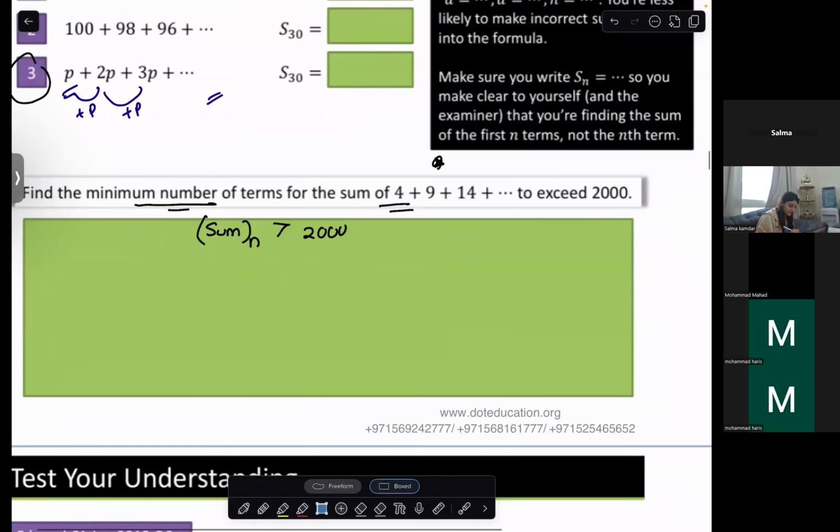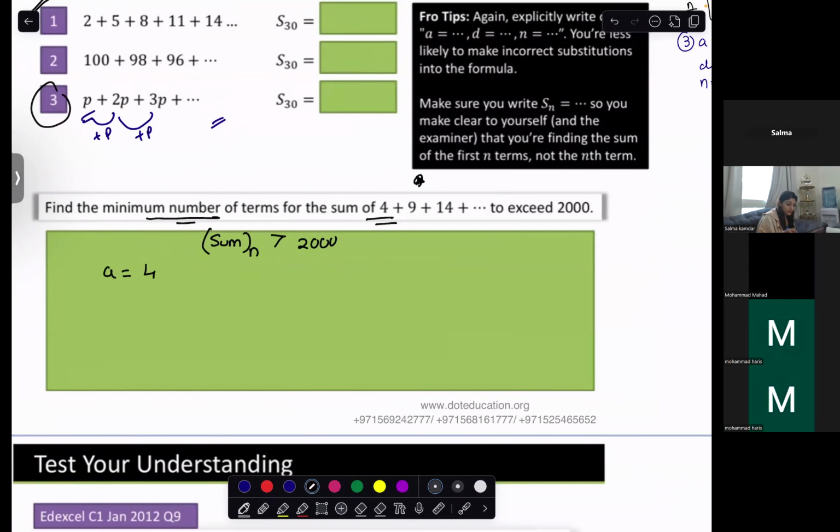So my A would be 4. How about D? D would be 5. Since it's a sum, you have to see whether it is an arithmetic or a geometric sequence.